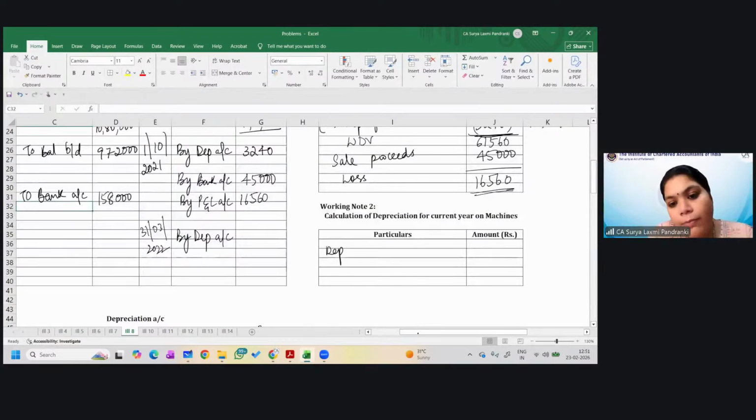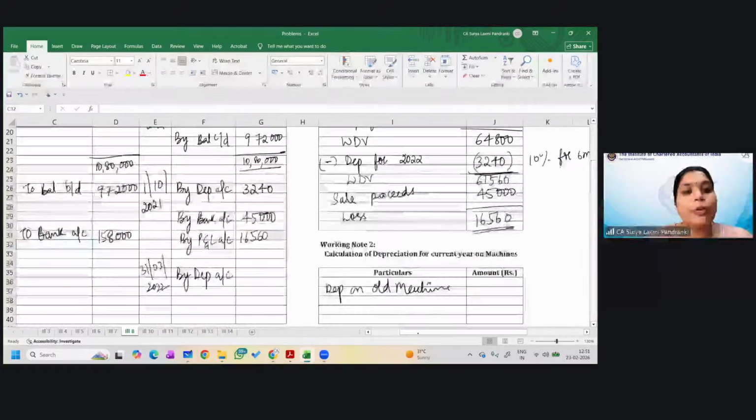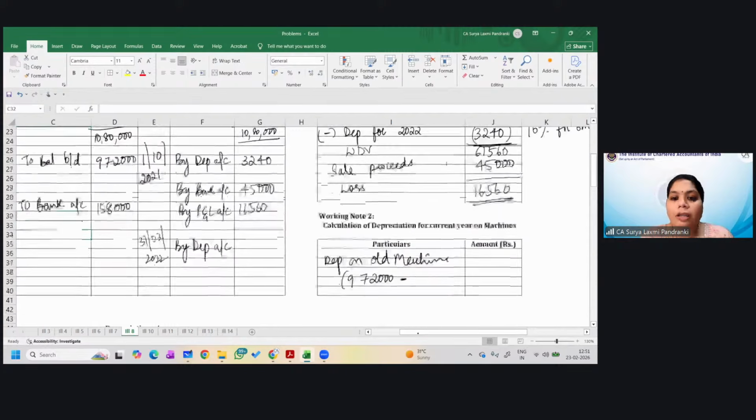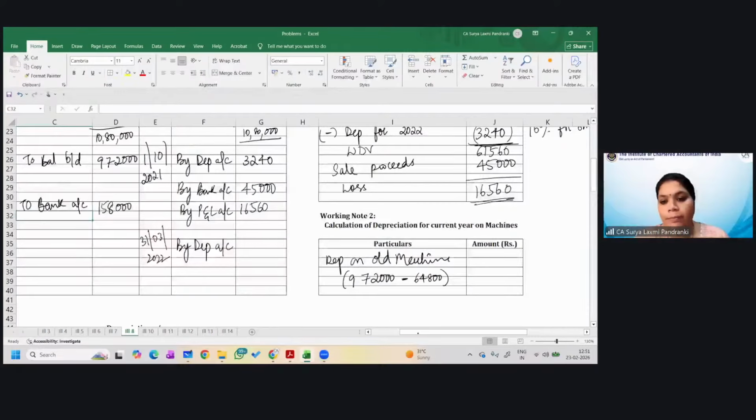So depreciation on old machine is how much? Old machine's WDV is how much? First of all, WDV of old machine is 9,72,000. Out of this, what was the WDV of the machine that was sold? The WDV of the machine that was sold was 64,800. So on this, you will have to provide depreciation at 10%.